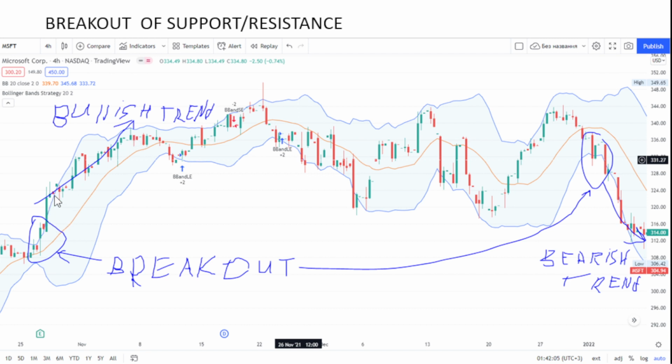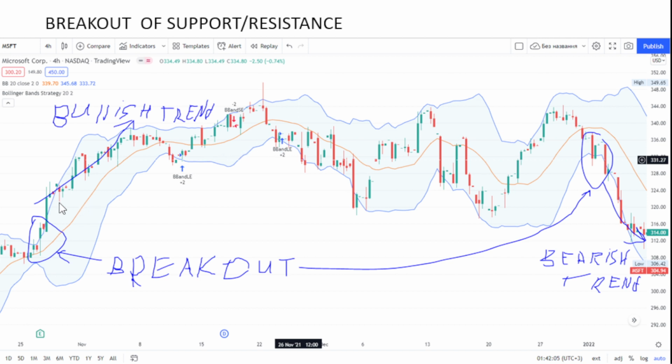When price breaks out of support and resistance or any band, it can be an indicator of a future trend reversion, right? Of a future reversion of price movement, and the stronger the breakout, the higher the probability of trend formation, right?